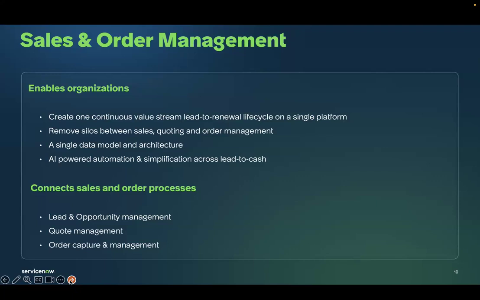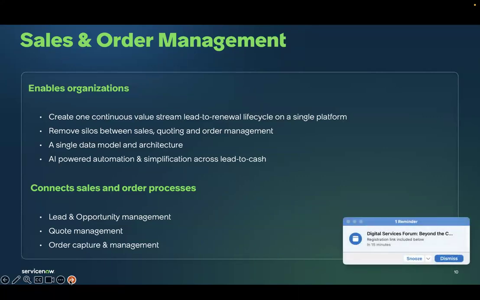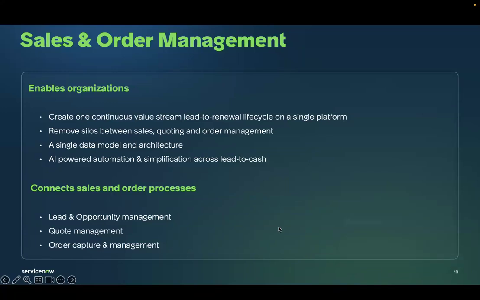It's kind of removing the silos between sales, your quotation department, and the order management teams, and it brings everything together in a single data model and architecture. It also simplifies your processes from lead to cash by using AI powered automation. It connects your sales and order processes.